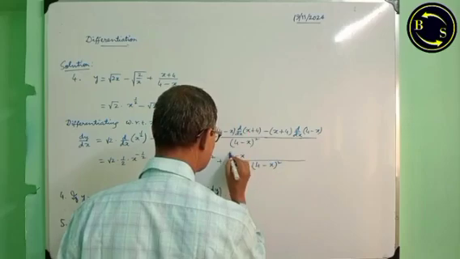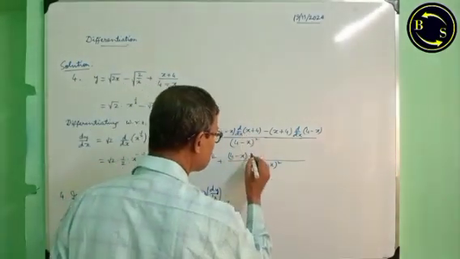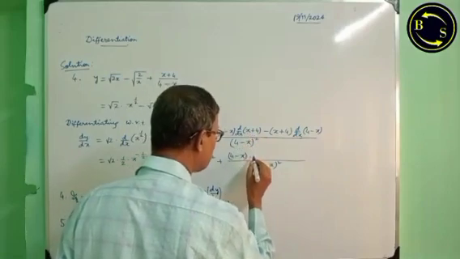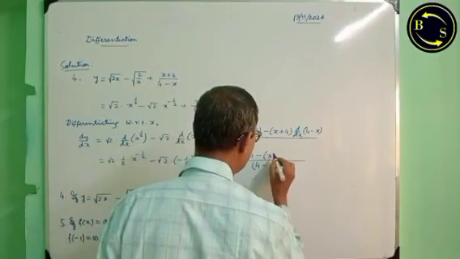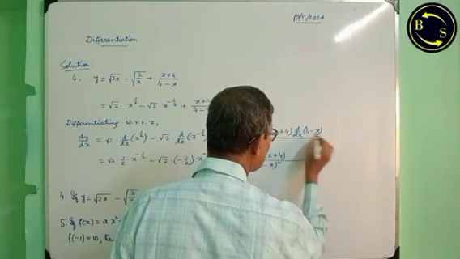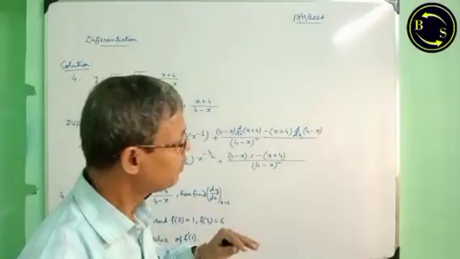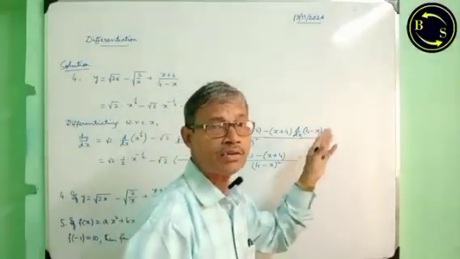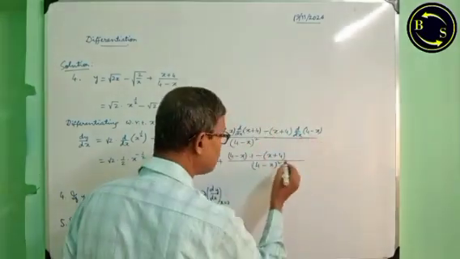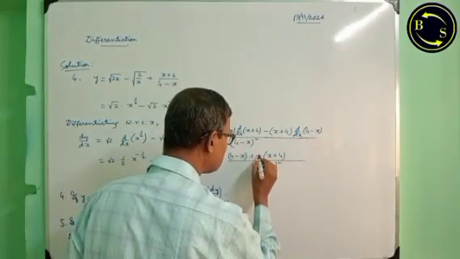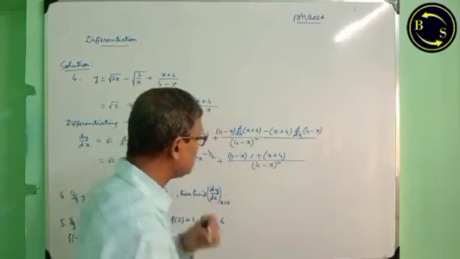The derivative of 4 minus x: d/dx of x is 1, d/dx of 4 is 0. Therefore this will be 1 minus x plus 4. The derivative of 4 is 0 as it is constant, and d/dx of x is 1, so finally it will be minus 1. I just multiply with this symbol and write it.